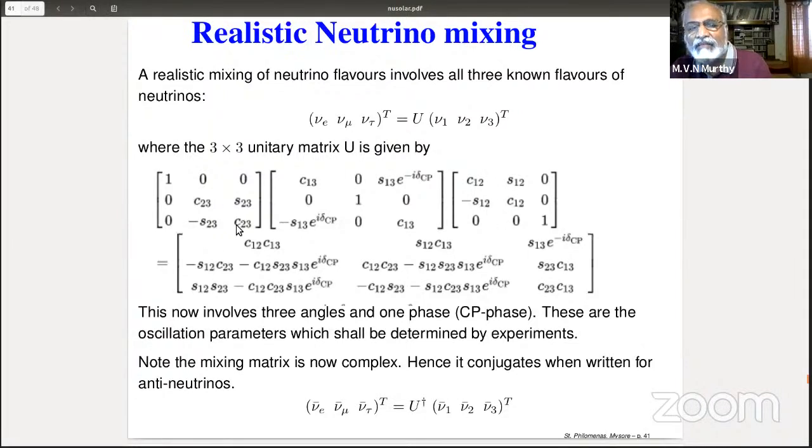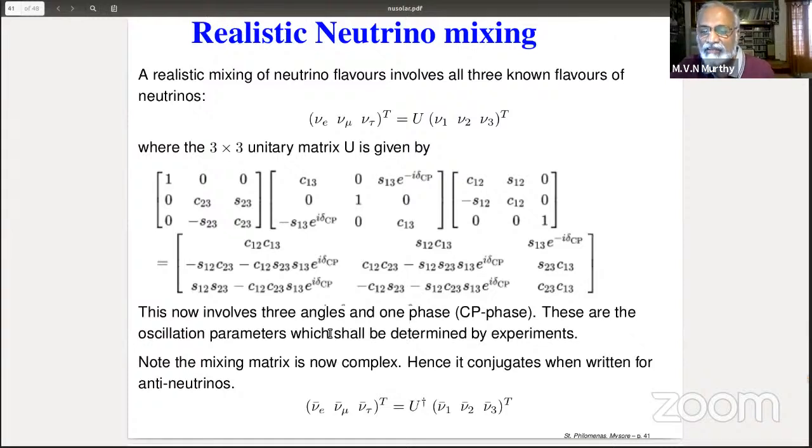And the third one mixes the muon neutrino and the tau neutrino. These two sectors are linked by another, where theta 13 mixing occurs. This is about the most general parameterization of the 3 by 3 unitary matrix after absorbing some excess phases, which cannot be determined in this analysis.